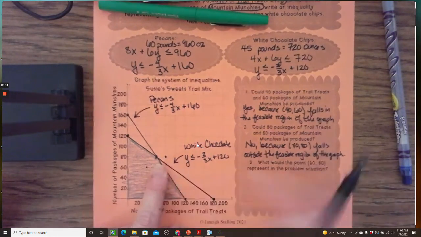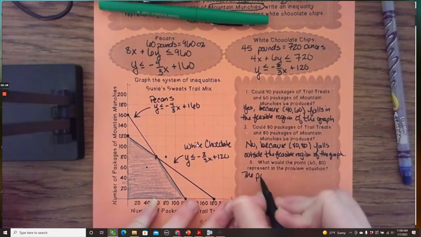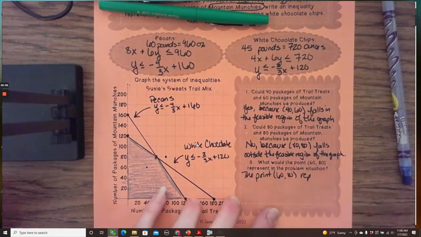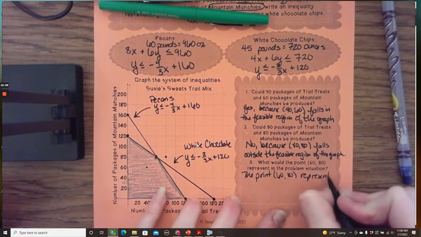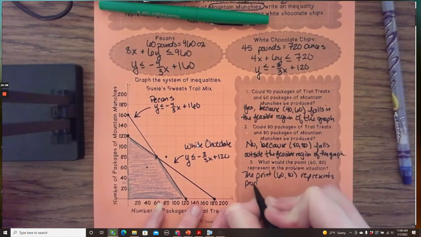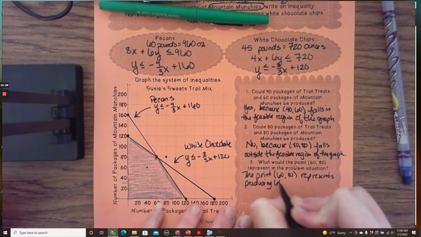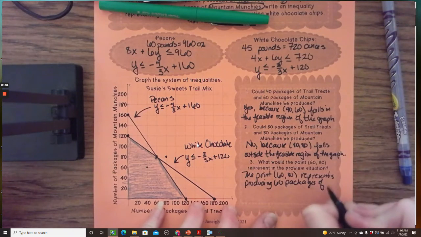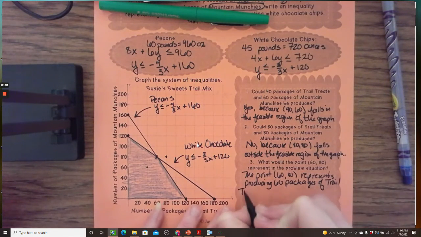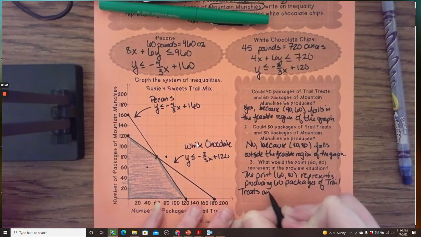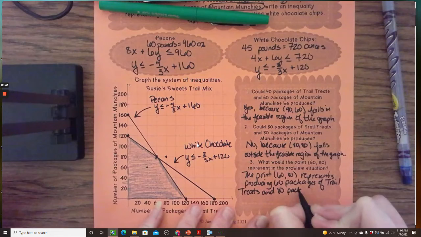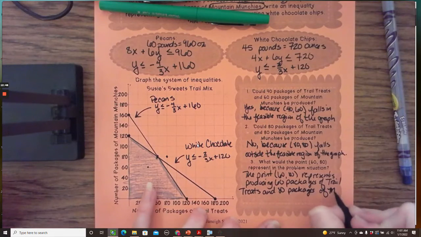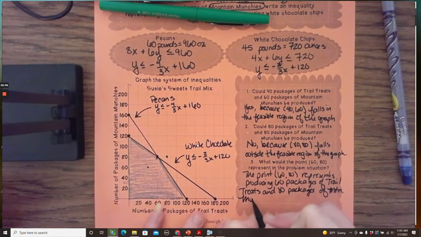So 60, 80 is, let's see, the point 60 comma 80 represents producing 60 packages of trail treats and 80 packages of, I'm just going to abbreviate here, mountain munchies.